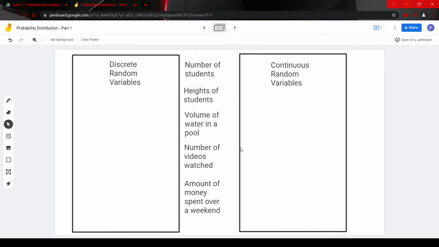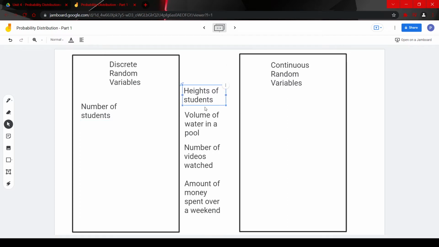So here's an example. If you want to, you can pause this video and try to sort it out yourself first. I'll give you 5 seconds. Okay, so regardless of whether or not you paused it, I'll go ahead and sort these out. Number of students, we will count the number of students, right? We don't measure the number of students, and so this will be discrete.